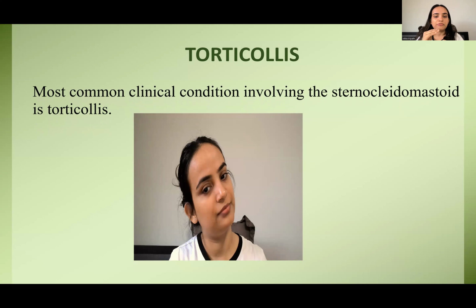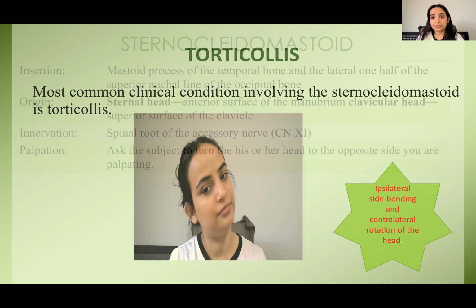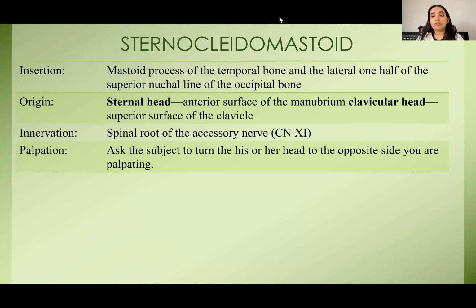So first, before going into detail about the causes of torticollis, we need to know about the sternocleidomastoid muscle: its function, its action, and the nerve supply of this muscle. The sternocleidomastoid is the only muscle that originates and inserts in an anti-gravity position.